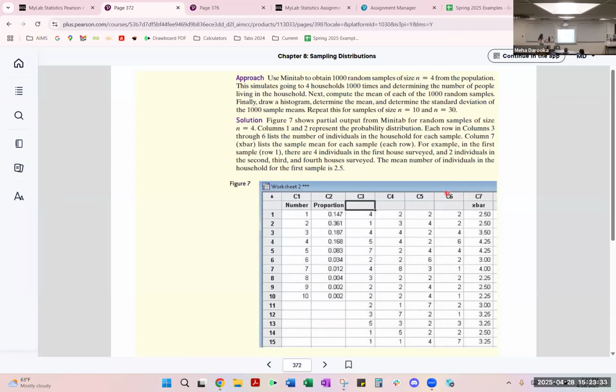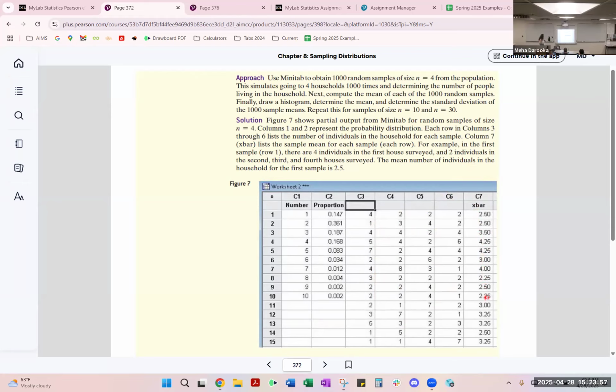So you can see there were 4 people in one household, 1 person in one household, 4, 5, 7, 2, 4, 3, 2, 2, and all those different numbers of people in the households. Column 7 is where we are doing the mean, giving us the mean for each of those rows.